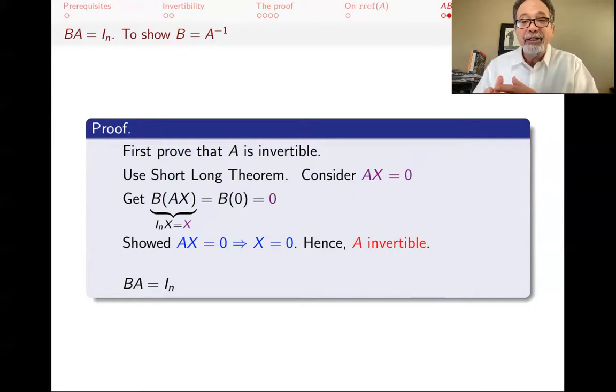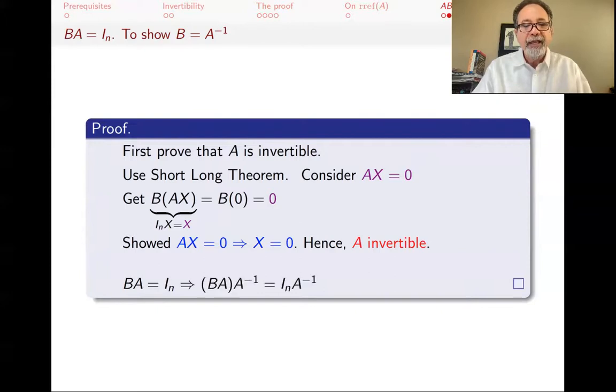So I'm going to take that matrix and multiply it on the right. And so what I will get is that BA times A inverse is identity times A inverse. Okay. So, BA is identity. So BA times A inverse is going to be the same as identity times A inverse. But what's identity times A inverse? That's A inverse.